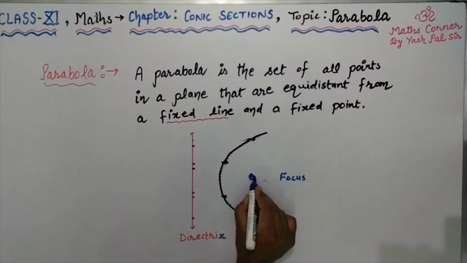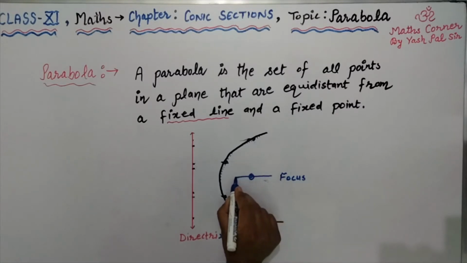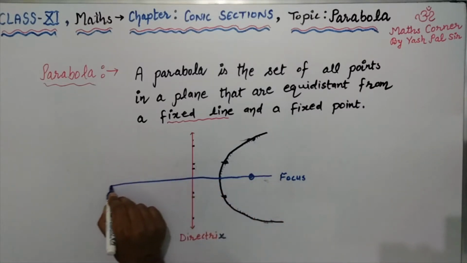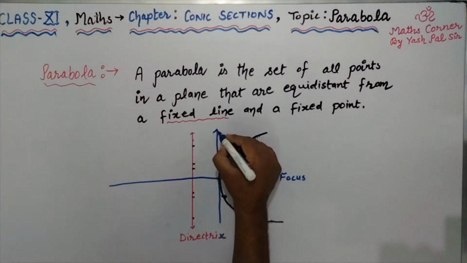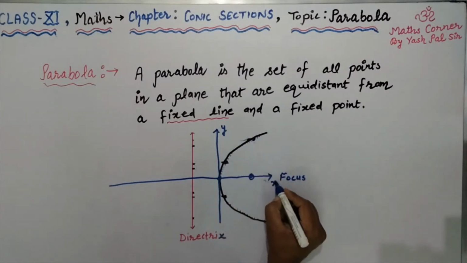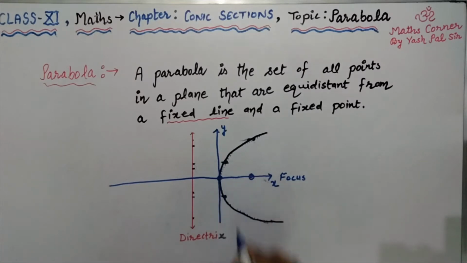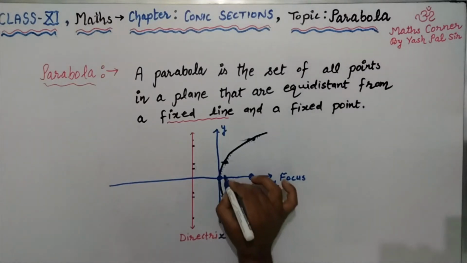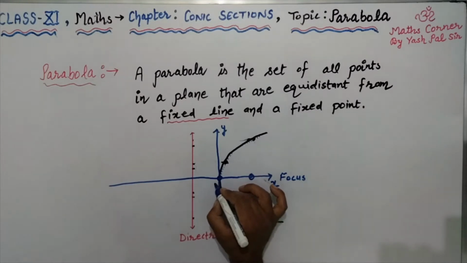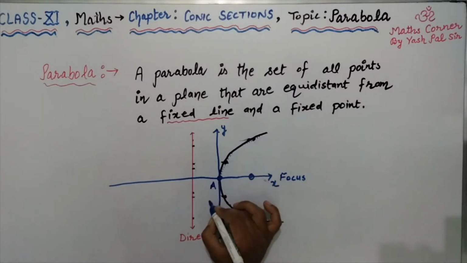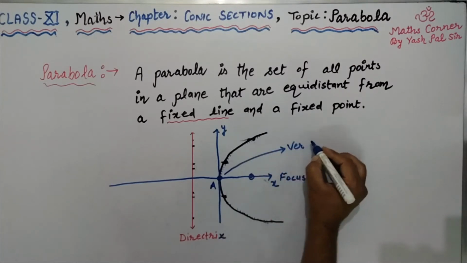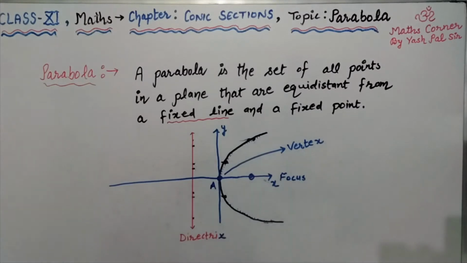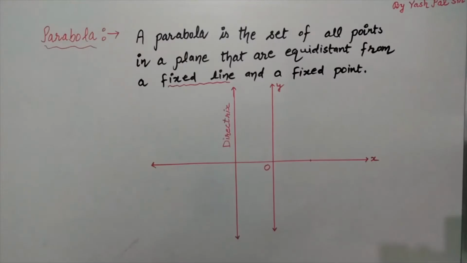If we have the coordinate axis passing through the focus of the parabola, then this is the origin, this is y axis and this is x axis. This joining point is called vertex of the parabola. We name this as E. This is the vertex of the parabola, right?